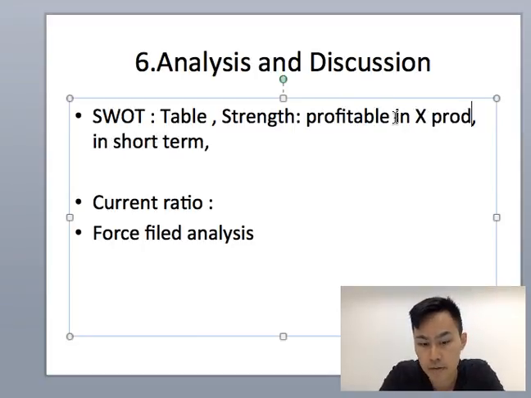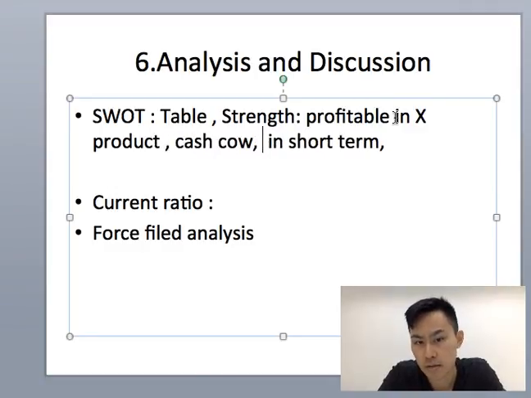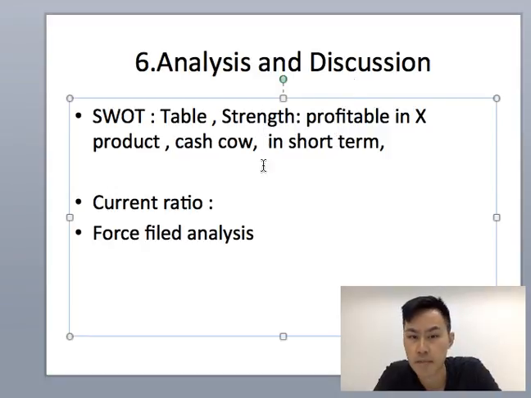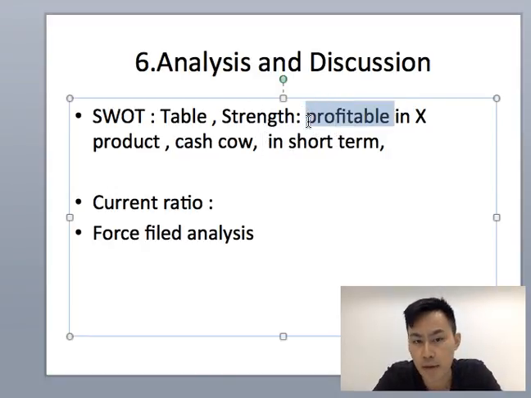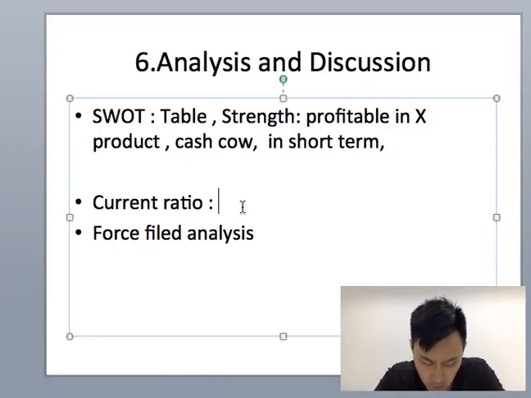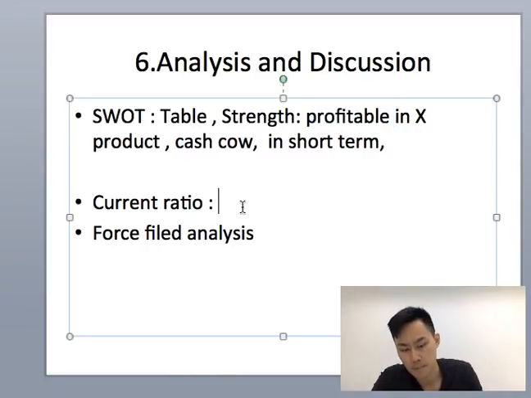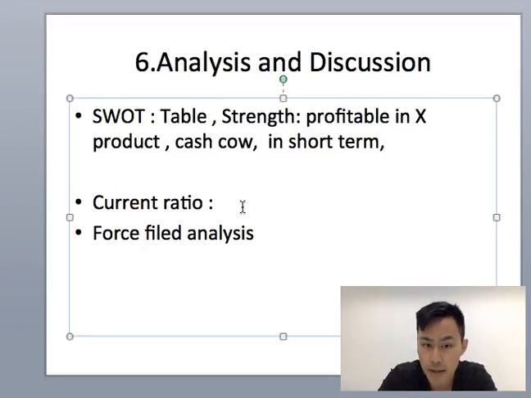So that is their cash cow, for example. You can say something like that. So not just mentioning one word in the SWOT analysis, just like your textbook. Make sure it's in detail, backed up with related information. And for the current ratio, obviously you can list out the findings, and then you analyze with the numbers, right?